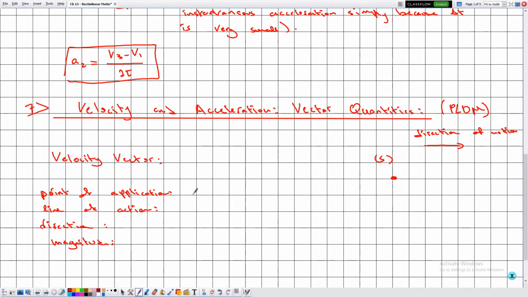Now the point of application would be the center of mass or center of gravity of the moving object, in this case of S. Now the line of action would be along the direction of motion. So in this case the direction of motion is horizontal, so the line of action of the velocity vector v would also be horizontal.